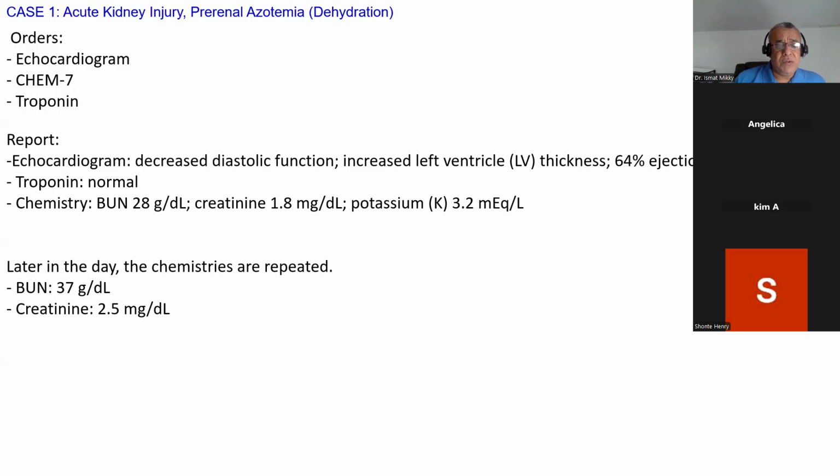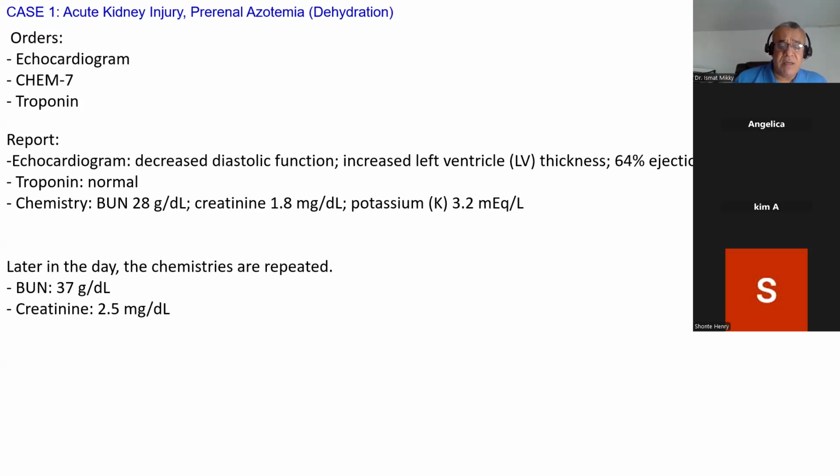The BUN to creatinine ratio. So we have BUN 37, creatinine 2.5. And when looking at the ratio, the ratio is critical because it will help with differential diagnoses as well.